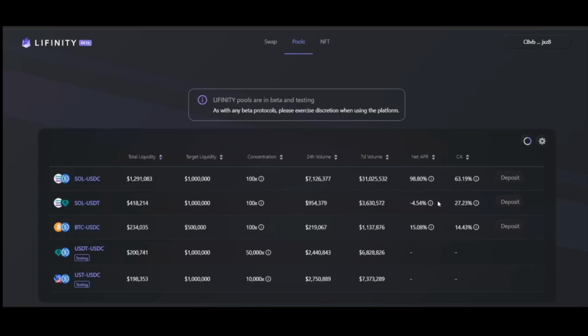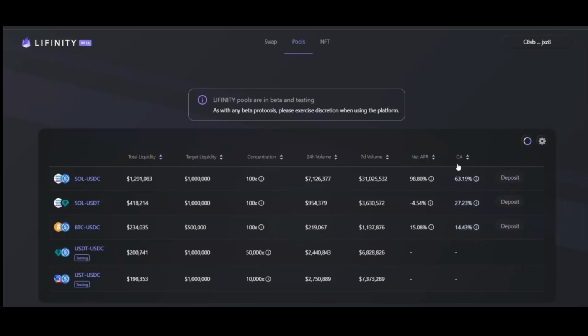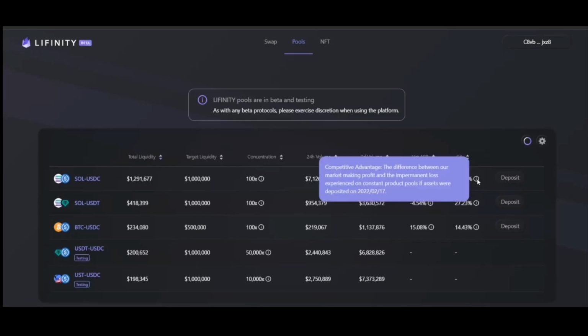Now, that said, even though we did generate a negative market-making profit, it is very important to note that we did much, much better than constant product AMMs would have performed. And this is basically what the next column is expressing. It's called CA, which stands for competitive advantage.